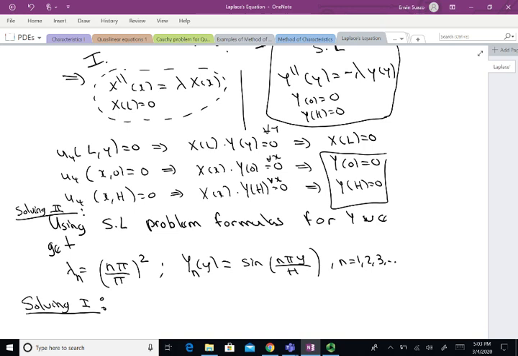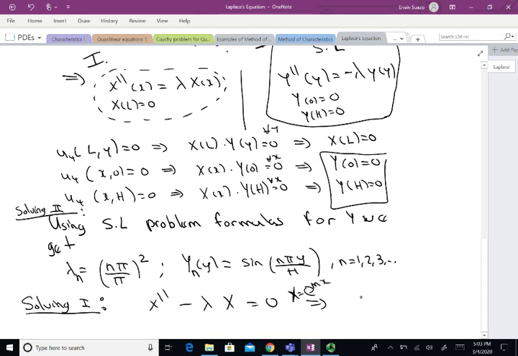Hopefully by memory. There are two possible ways to write it down, and I'm going to explain both. You write the characteristic polynomial: x double prime minus lambda x equals 0. You can solve it using the substitution x equals e to the mx.